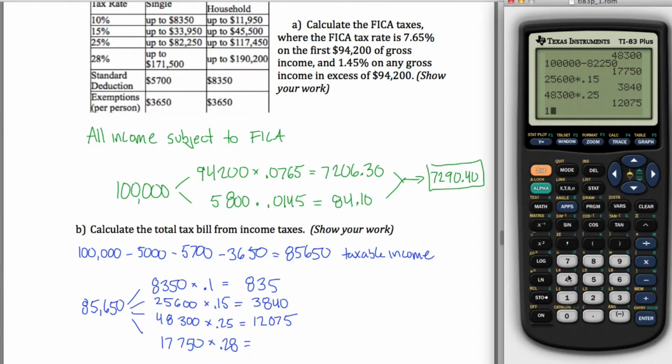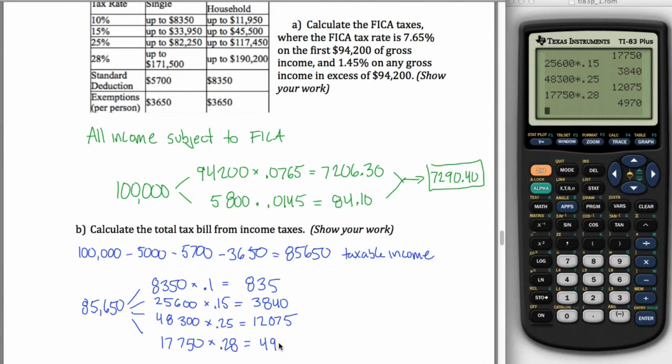And then finally 17,750 times 0.28 is equal to 4970. So this is the money that I'm paying the government in income tax.